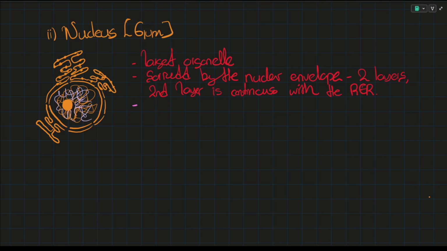I'm going to switch colors. Let's go pink. And remember we talked about nuclear pores. Nuclear pores, they're simply openings in the nucleus. Why do we need them? Should I explain now? Yes, I will. Why exactly do we need pores?